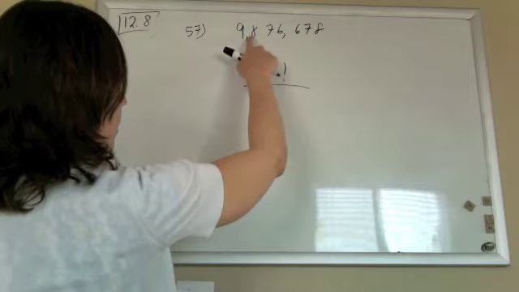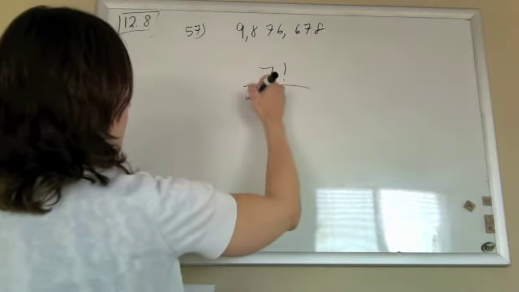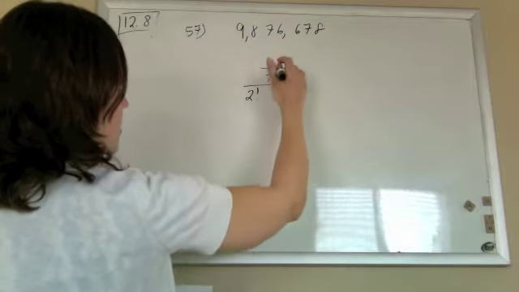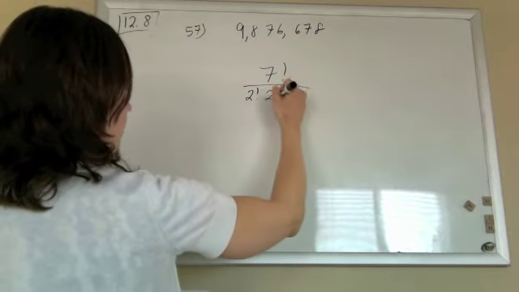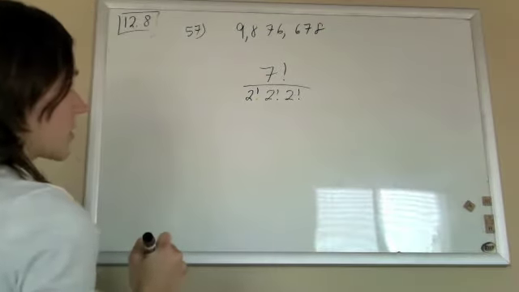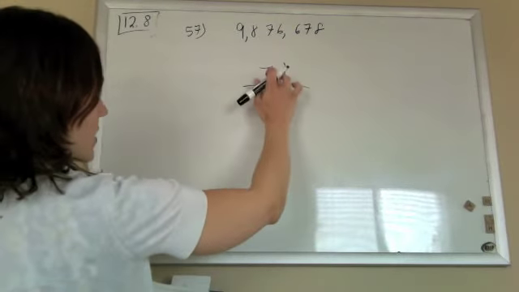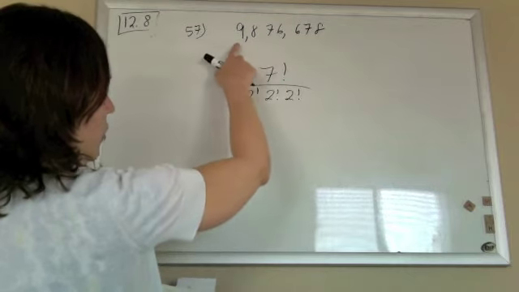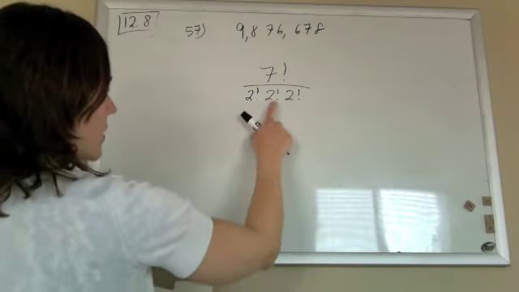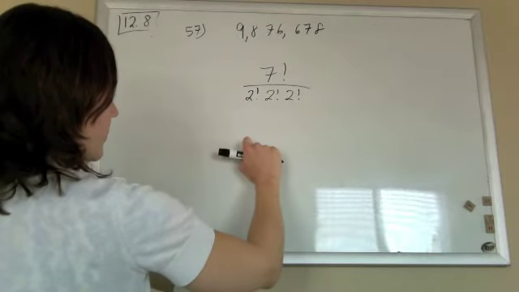There are 2 8s, so 2 factorial, and 2 7s, so another 2 factorial, and 2 6s, so another 2 factorial. So 7 digits total, no repeats on the 9, but 2 8s, 2 7s, and 2 6s.